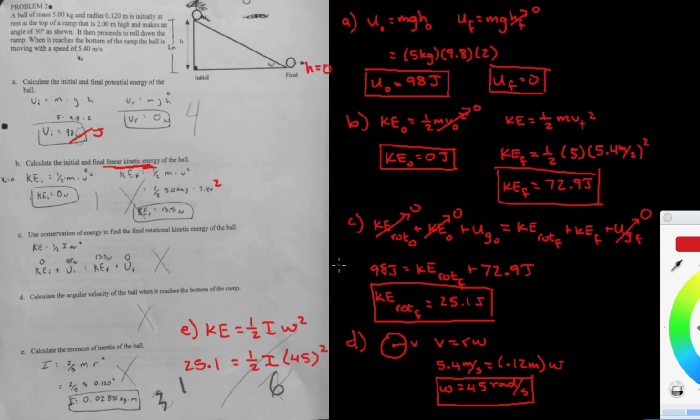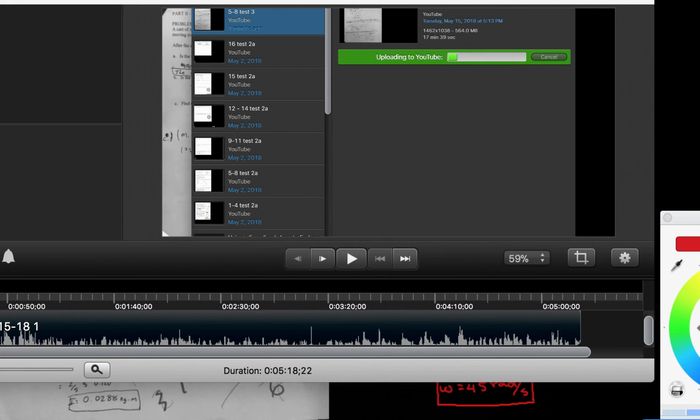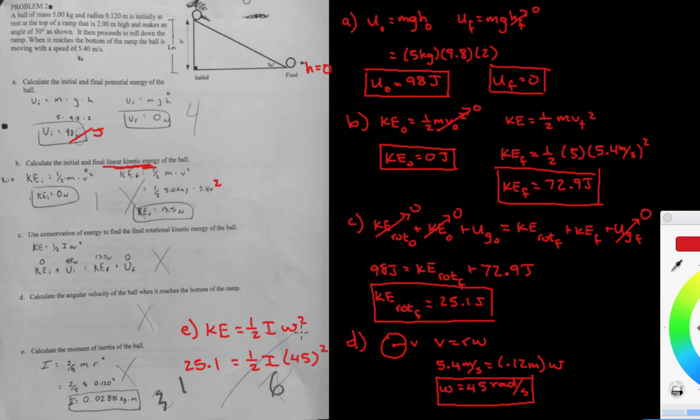You don't know that. But you do know for a fact that the rotational kinetic energy is 25.1 and the angular velocity is 45, so you can just solve for the I.